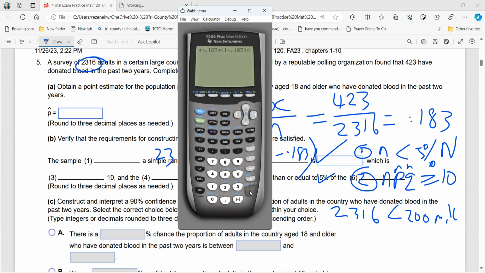When I hit enter, okay, I got it. I have calculated the variance, and it is greater than 10. The variance is 346 point something, so it's greater than 10.